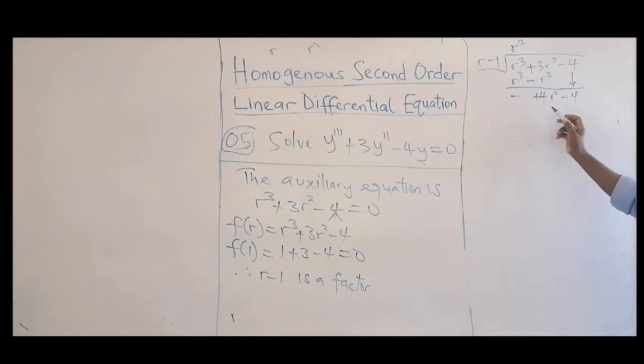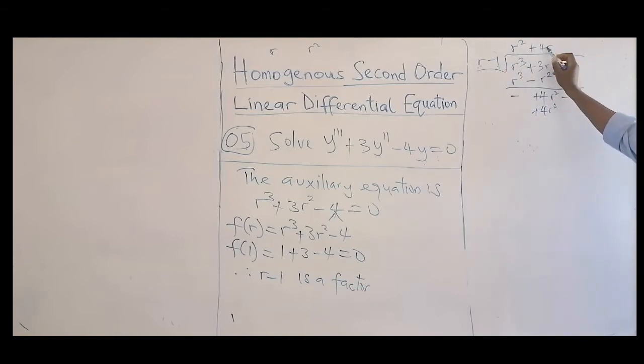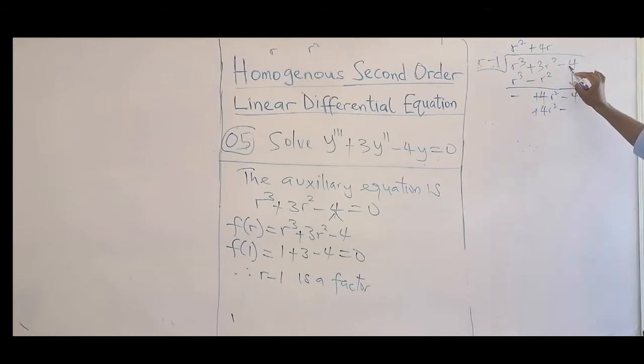So what can you multiply this by so that you can get your 4r^2? That will be plus 4r. Multiply this one times this one, 4r^2. This one times this one, minus 4r. To arrange this division, we're going to bring in plus 0r before this 4, then bring down minus 4.